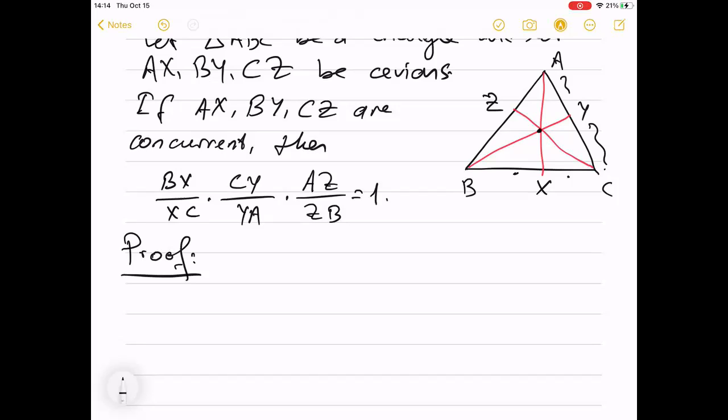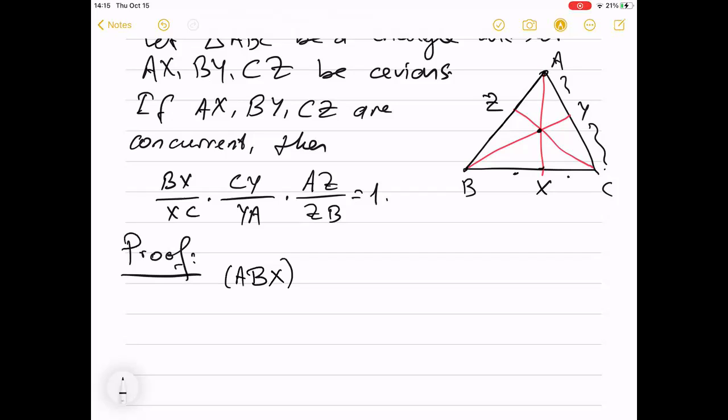Now, let's look at the area of triangle ABX. What is ABX? Look at this triangle ABX, with A, B, and X. Let's say we have some height H. Any problem?